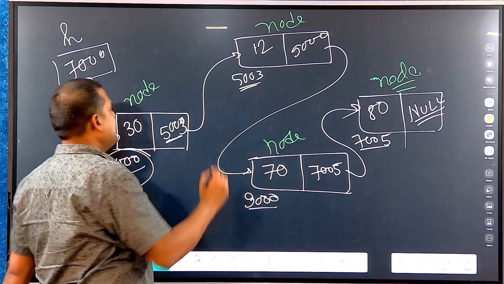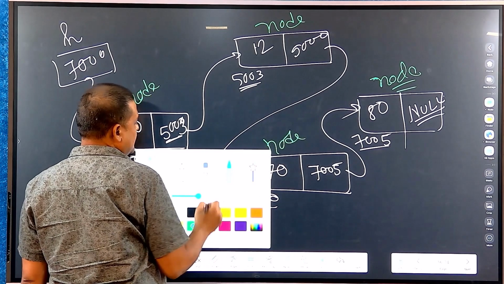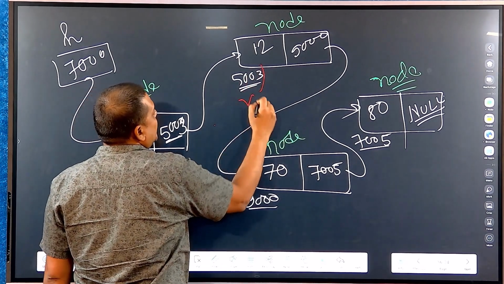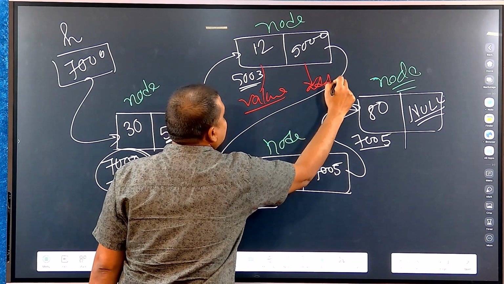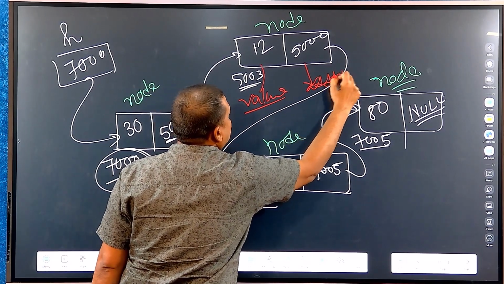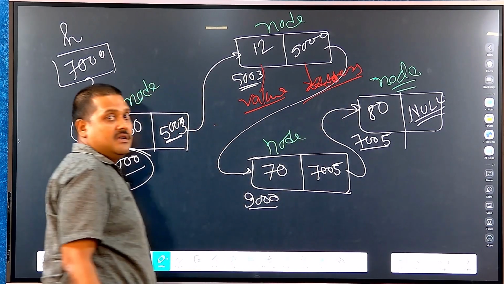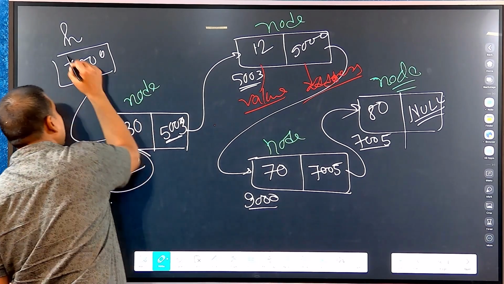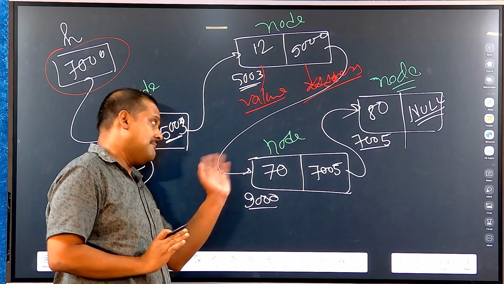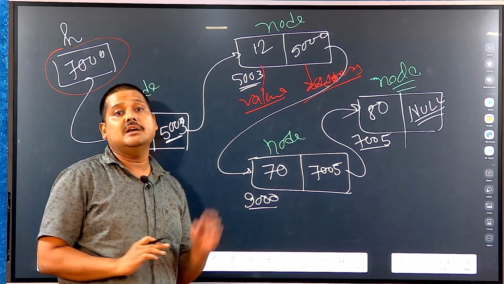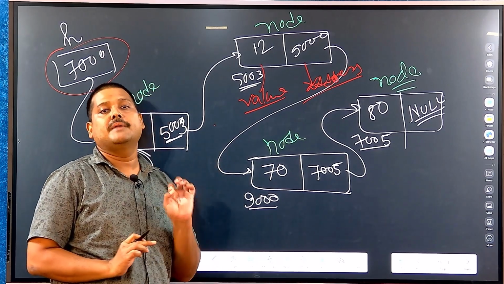This part of the node is storing the value, and another part is storing the address of the next location. And here head is not a node, it is a variable, a pointer variable of the same type, but it is storing the first address of that location.